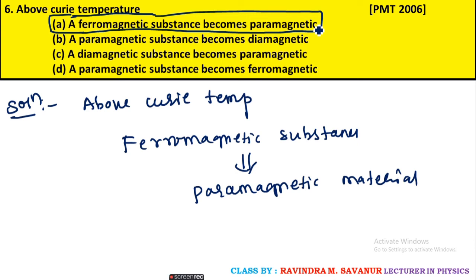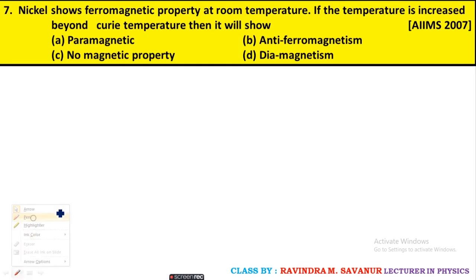So move to the next question. Question number 7. The nickel shows the ferromagnetic property at room temperature.